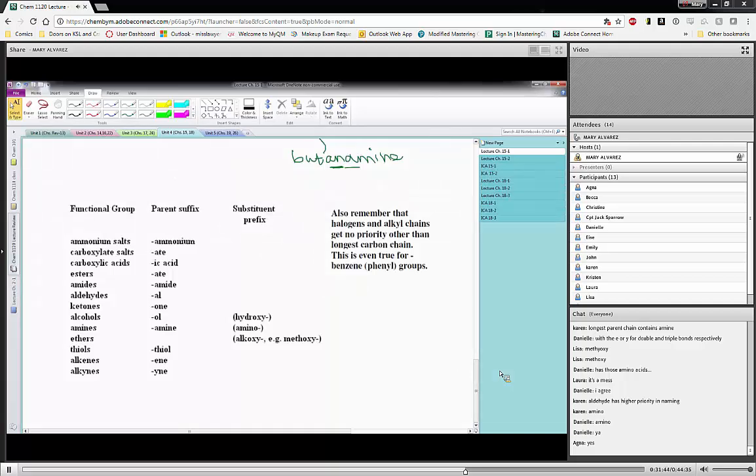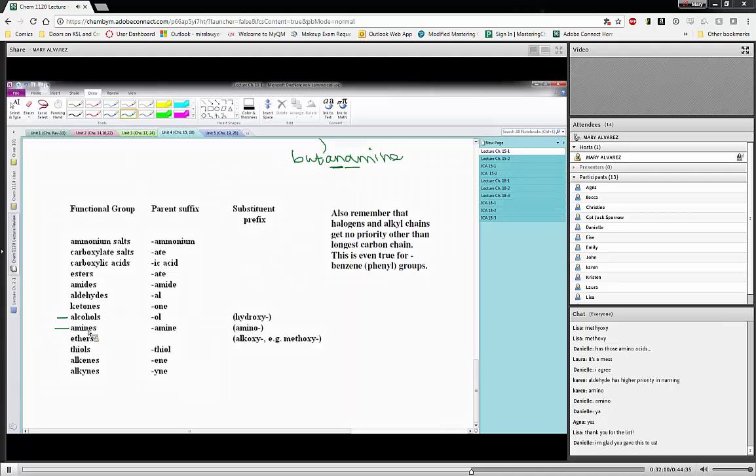This is not the same thing as, say, relative boiling points. This is a different sorted list, by naming priority. So we know that alcohols are lower in priority than aldehydes, ketones, etc., so they get the hydroxy prefix. Amines are lower than everything else, so they would get the amino prefix.